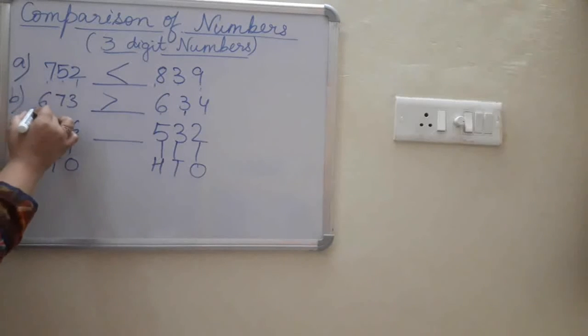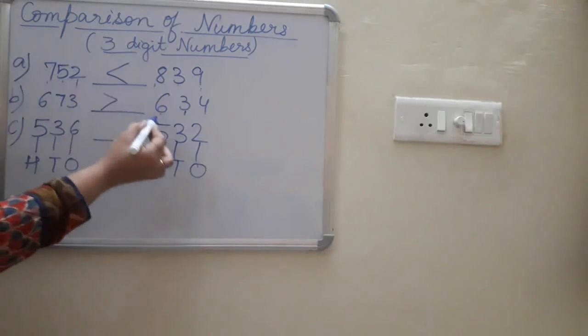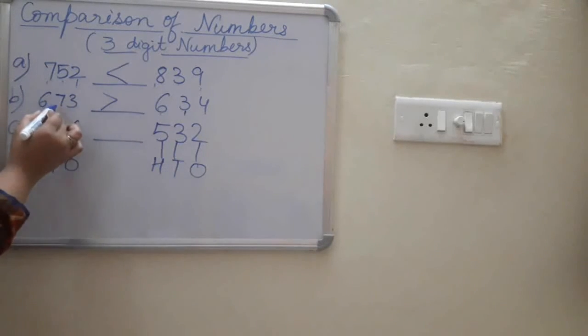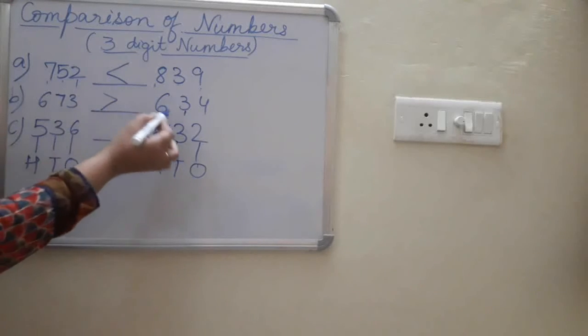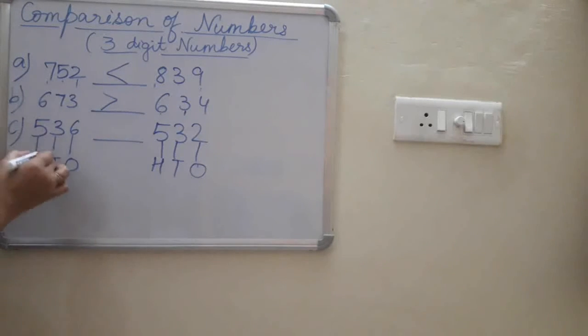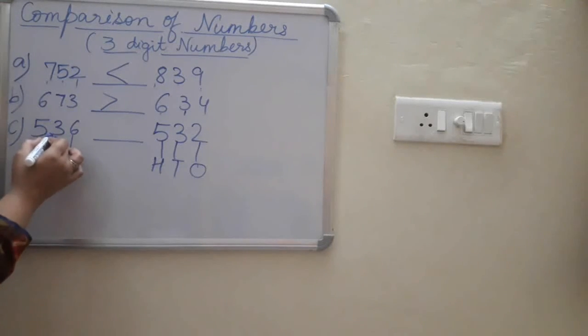When the digit at hundreds place was same, then we compared the digit at tens place. And in this part you can see that in both the cases the digit at hundreds place is same. So next we looked at the digit at tens place.